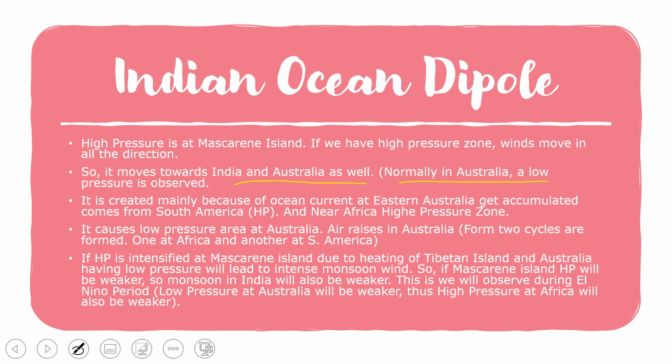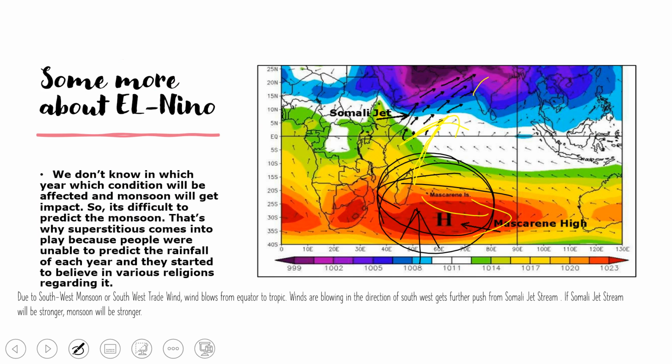It is created mainly because the ocean current at eastern Australia gets accumulated, which comes from South America, and near Africa there is a high pressure zone. What is it saying? That this situation happens when we see ocean current at eastern Australia getting accumulated.